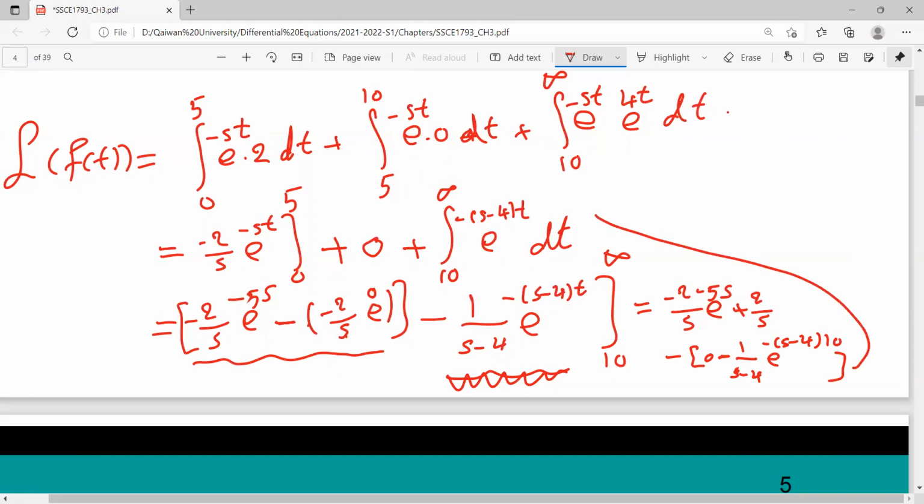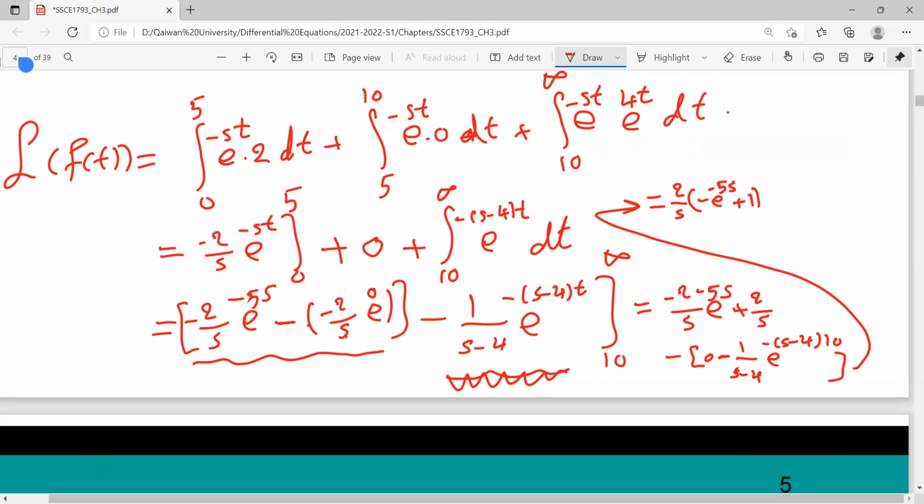Okay, I'm going to write down the result here. It equals to, I'm going to write down O here. Between these two terms, what's the common? 2 over s. Between these two terms, 2 over s is the common. So what's left? Minus e to the power minus 5s plus 1.